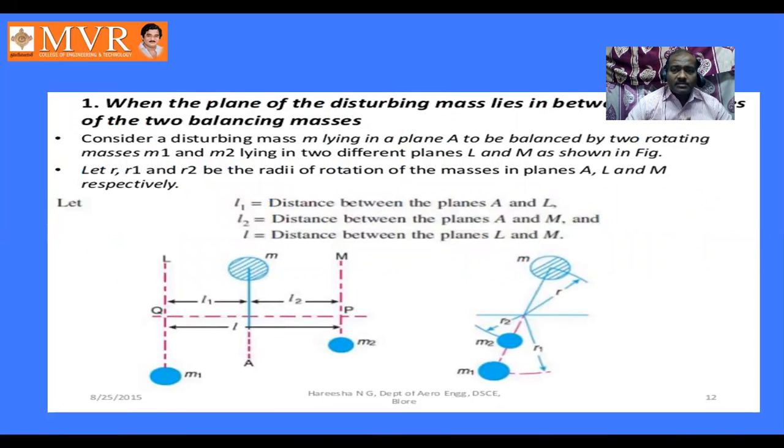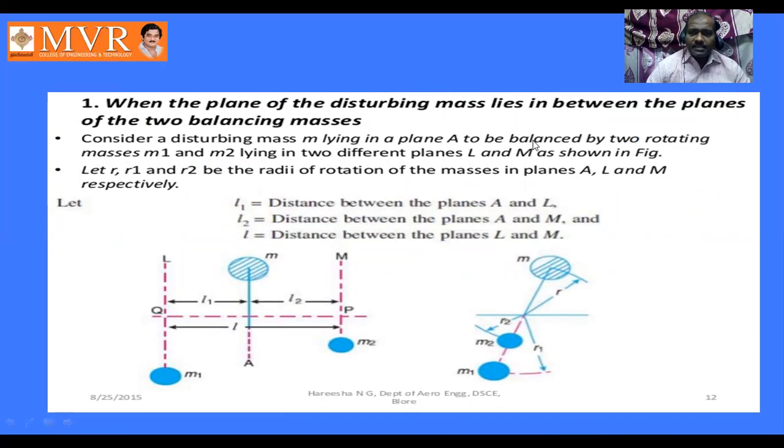Next, when the plane of the disturbing mass lies in between the planes of the two balancing masses, that's what we can observe here. Here mass m is there, it is acting like this, and to balance this one, we have another mass m1 and this is m2. Here r will be another parameter varying. Here r may be different for the m1 case and the m2 case.